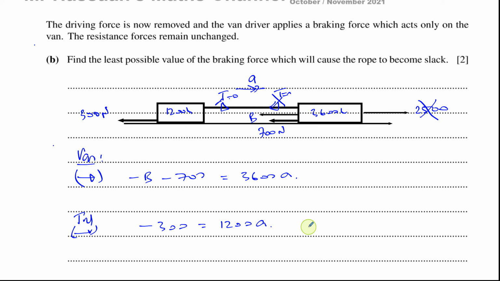So we have these equations which we can solve. A is equal to minus 300 over 1,200, and we can substitute that into equation 1.